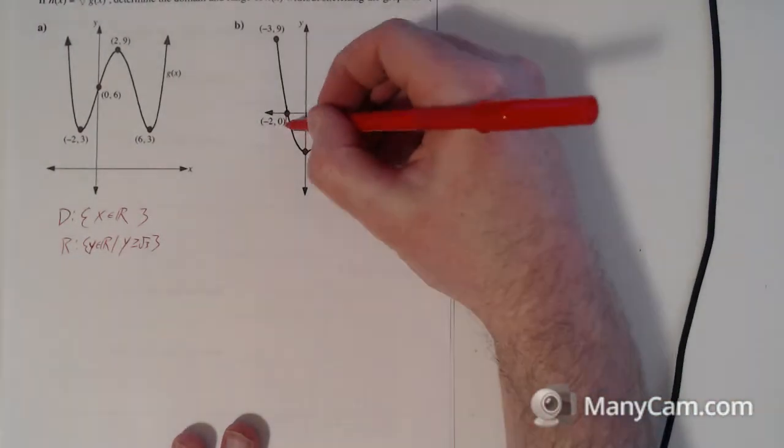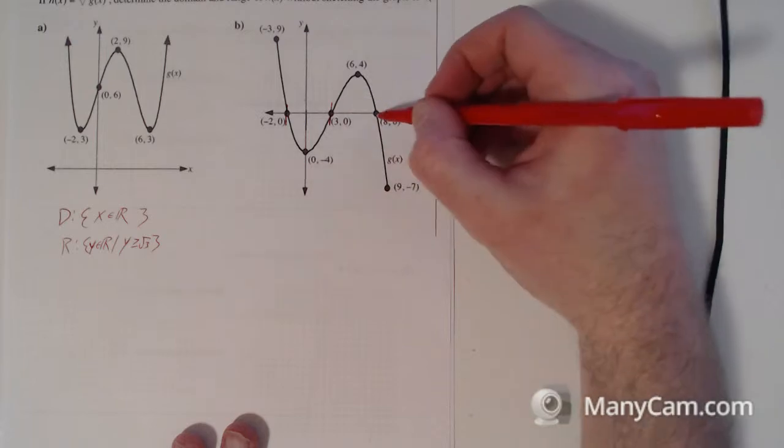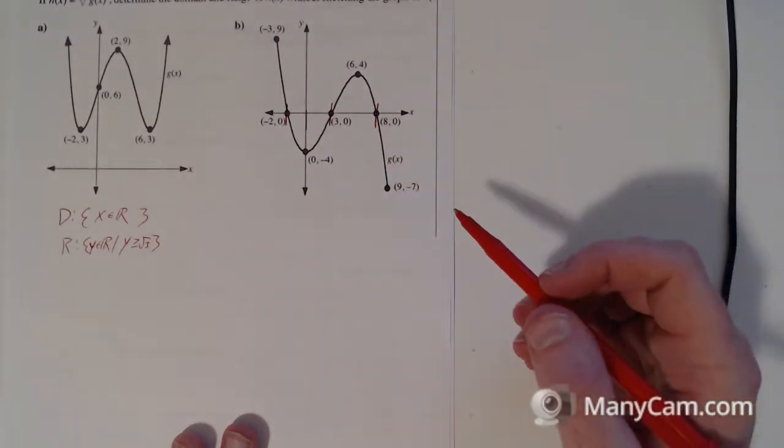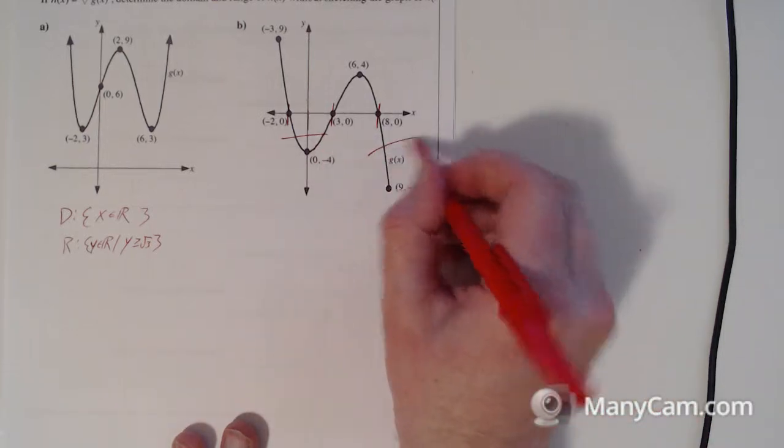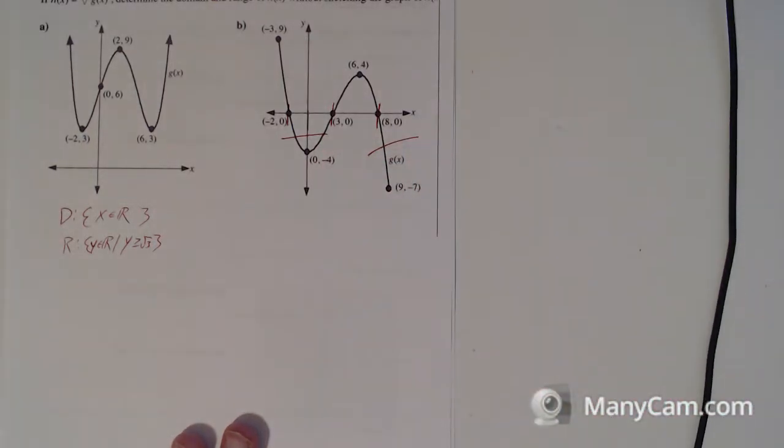This one's a bit harder. So this is a cutoff point, this is a cutoff point, and this is a cutoff point. So none of this exists, and none of this exists in our new function.